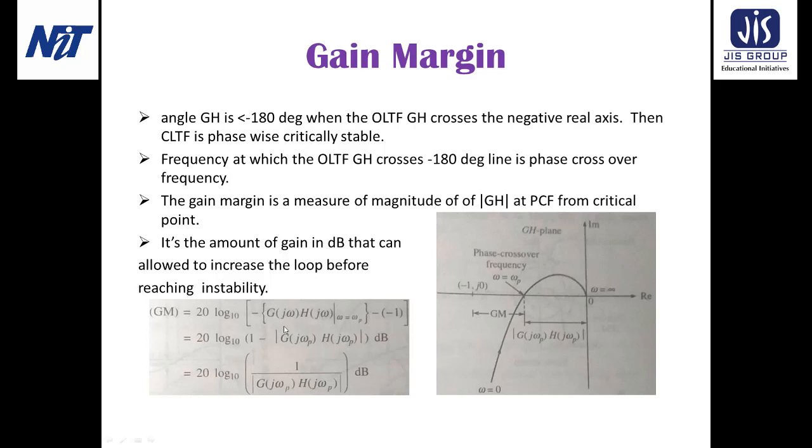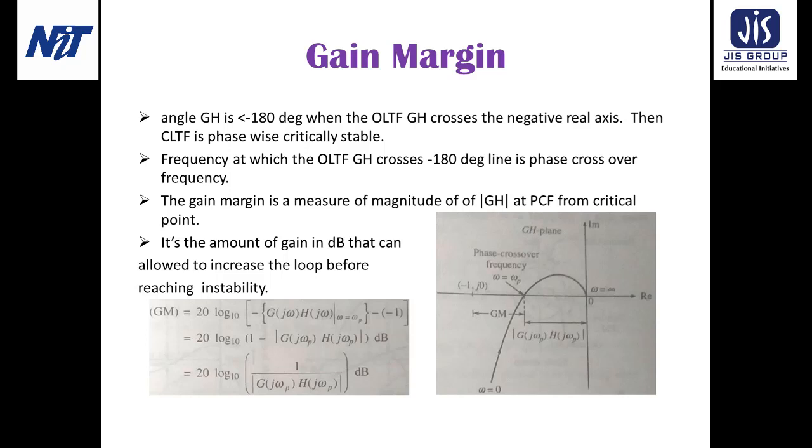Now we can calculate the gain margin like this: 20 log of, actually this is the difference from the minus 1 j0 point, that's why it becomes 1 minus mod of this one, and we know log of 1 minus this thing means actually log of 1 by mod of G(jωp)H(jωp). If we denote this by capital A, then the formula of the gain margin becomes 20 log 1 by A base 10. Now, if the gain margin becomes positive, then the closed loop system is stable.